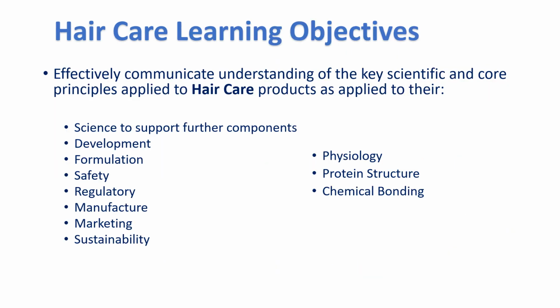Now, I've titled this slide Learning Objectives. Really what we are going to be looking towards is the physiology of hair, the protein structure and the chemical bonding that's in there, because that cascades knowledge down to all these other sides of the science to support further components such as development, formulation, safety, regulation, manufacture, sustainability.